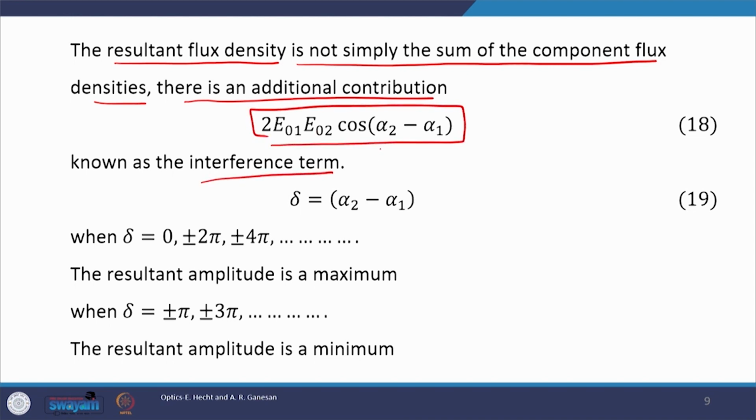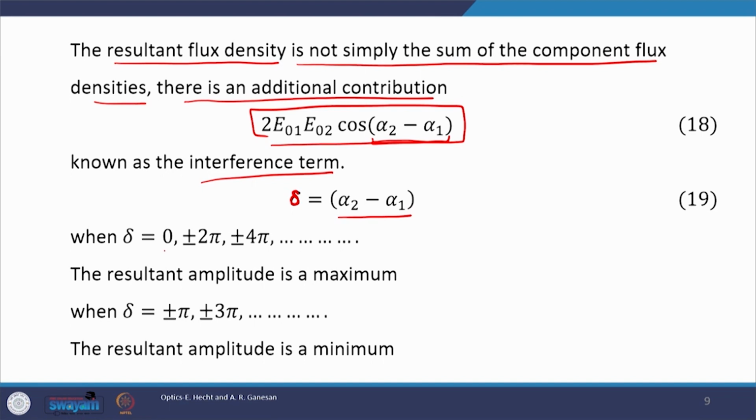Now, let us talk about the phase part of this interference term, which is nothing but alpha 2 minus alpha 1. Let us represent this phase part by delta. This del is equal to alpha 2 minus alpha 1, and del represents the phase of this interference term.